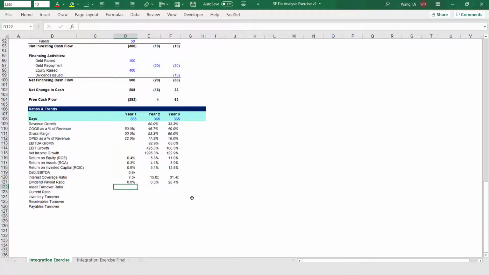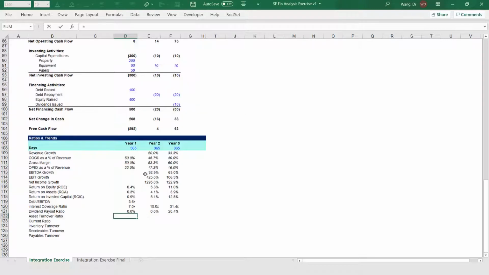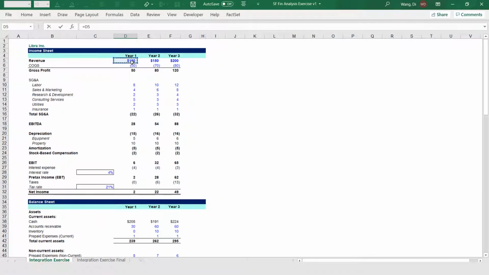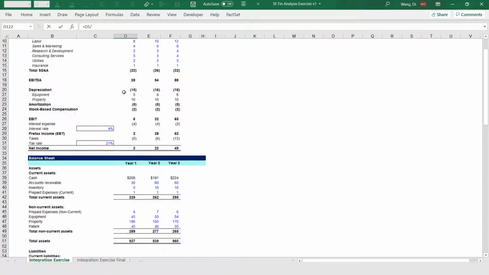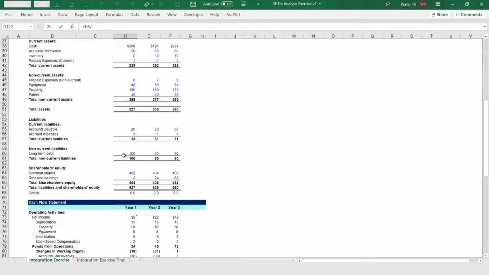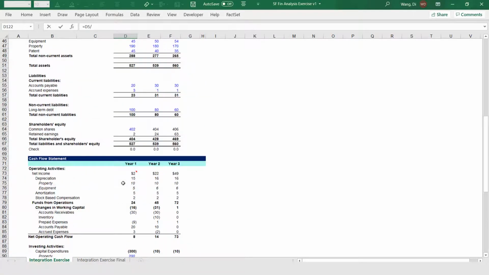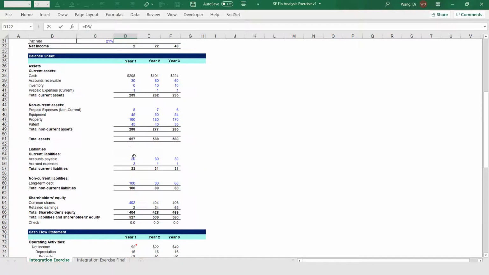Asset turnover ratio is going to be revenue divided by average total assets. And since we don't have an average total assets, we're just going to be using the ending balance for year one. So total assets right here.